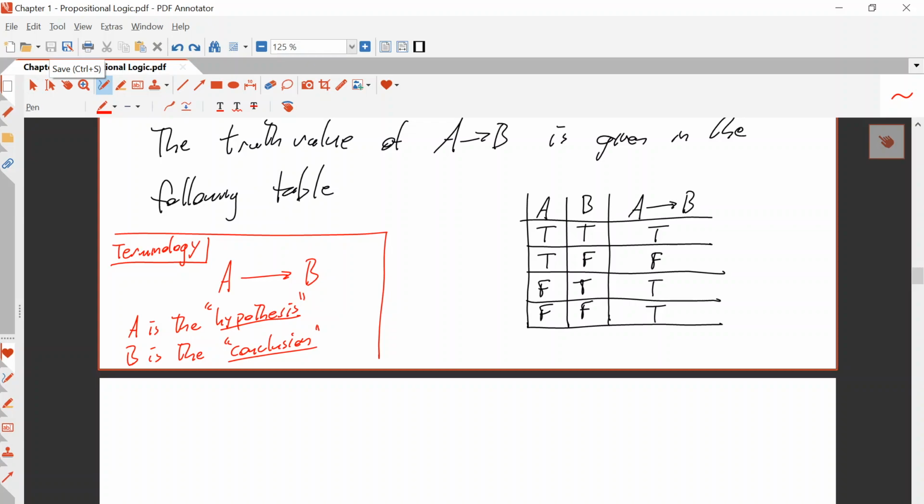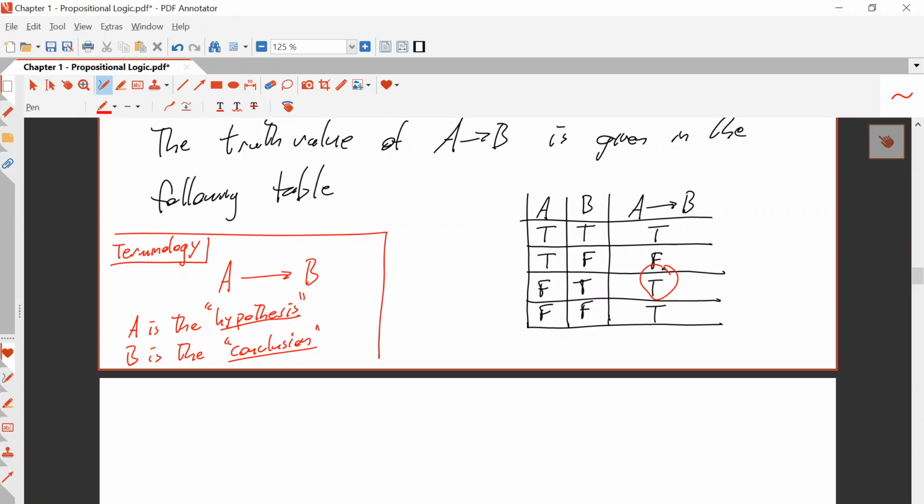So if they ate their dinner and then I gave them dessert, that means I didn't lie to them. I kept my promise, right? If they ate their dinner but I didn't give them dessert, then I didn't keep my promise. I lied to them.